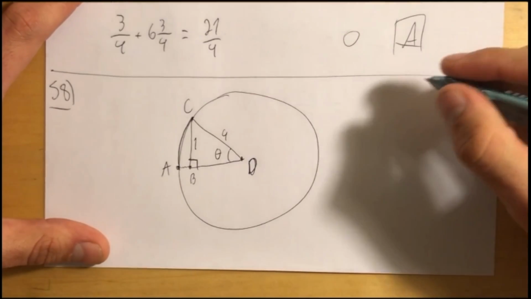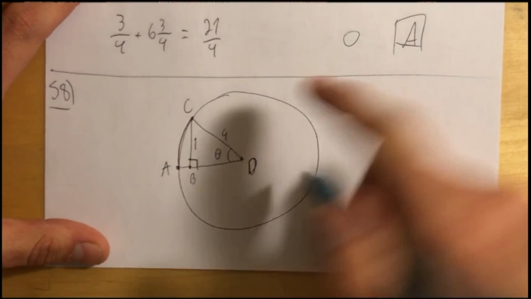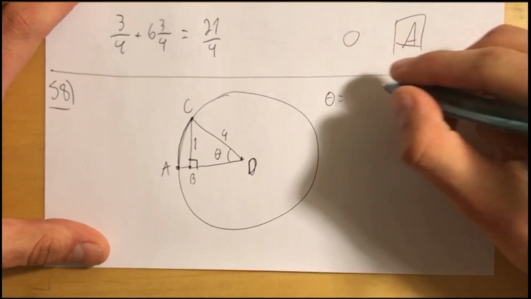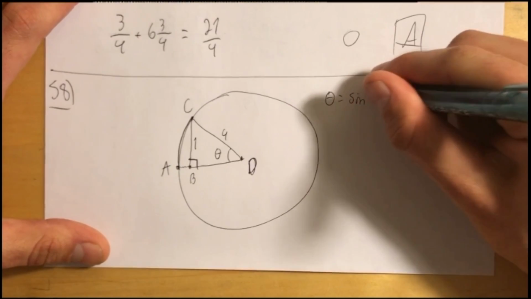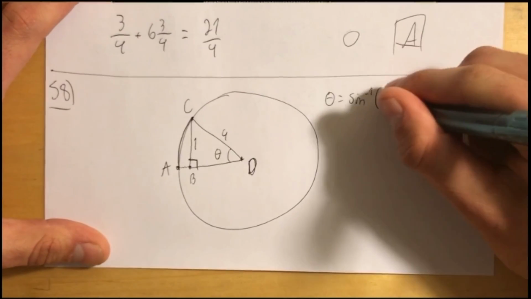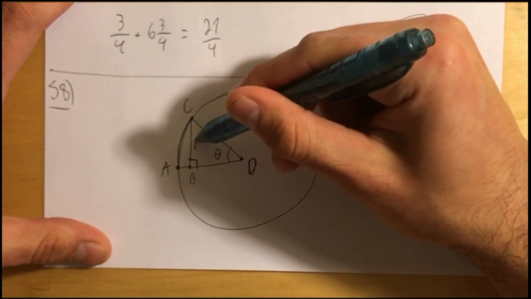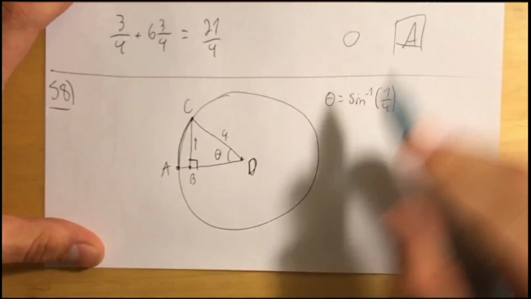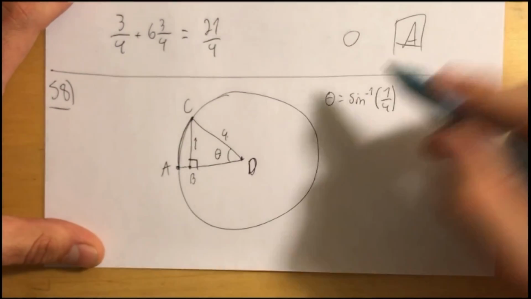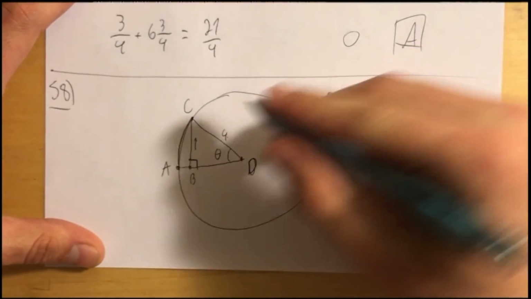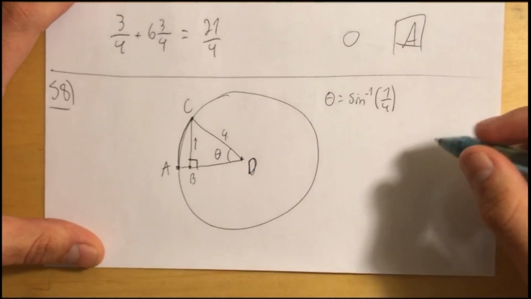We know that theta is equal to sine inverse of 1 over 4, because the sine of theta equals opposite over hypotenuse. So then theta equals the inverse of the sine of this, right?